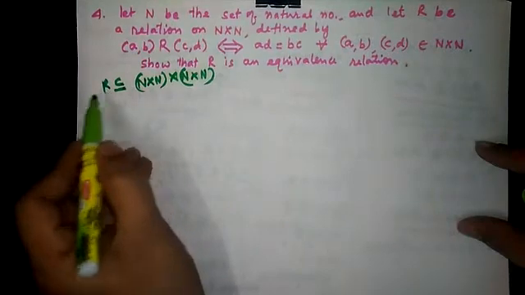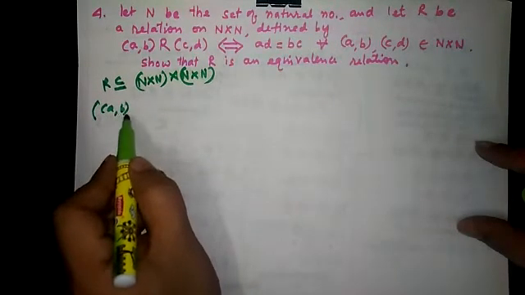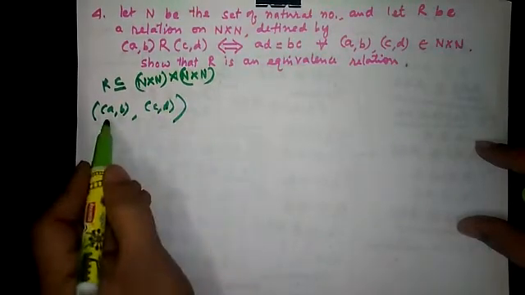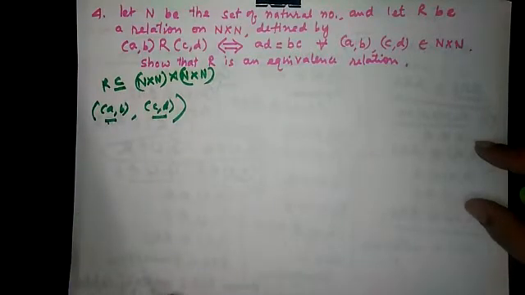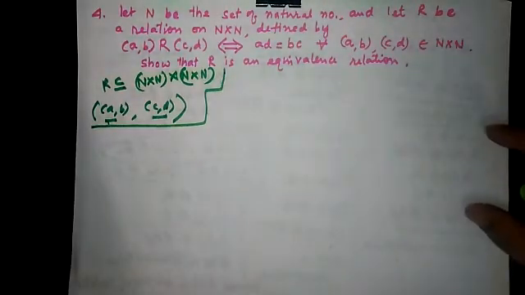Meaning the elements of this particular relation will be something like this. The components themselves are ordered pairs. Clear? Slightly different from what we have been doing.